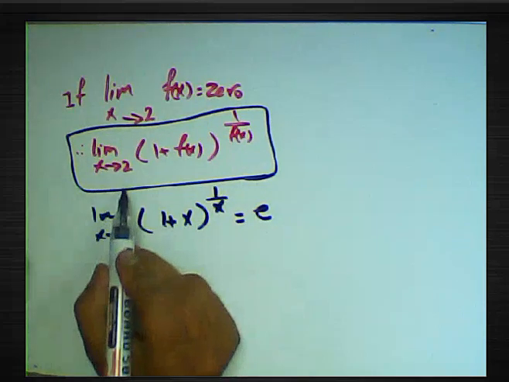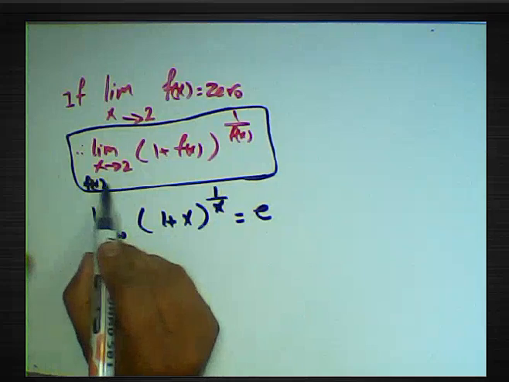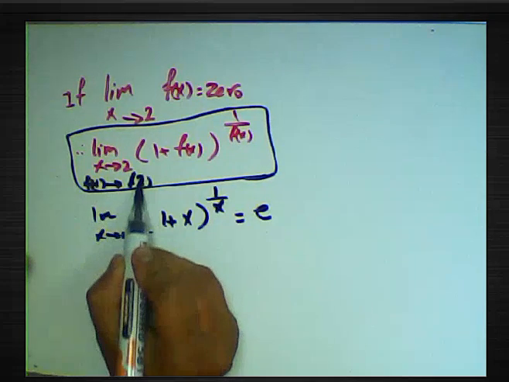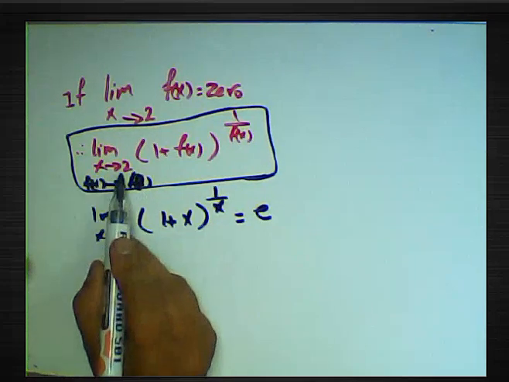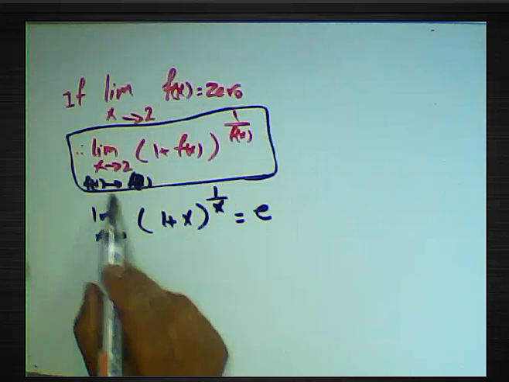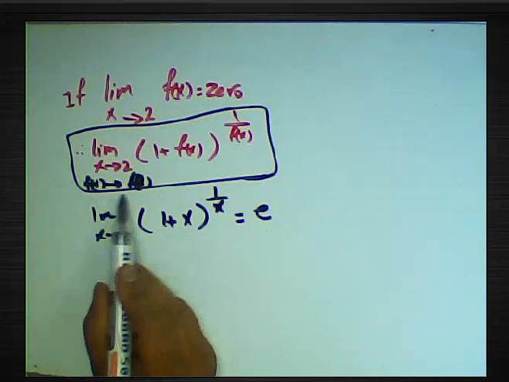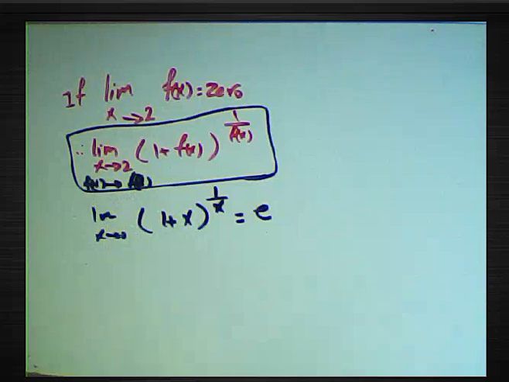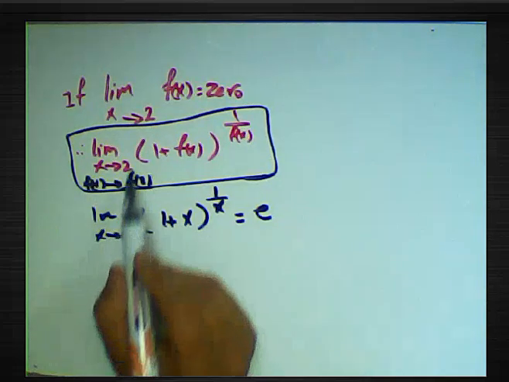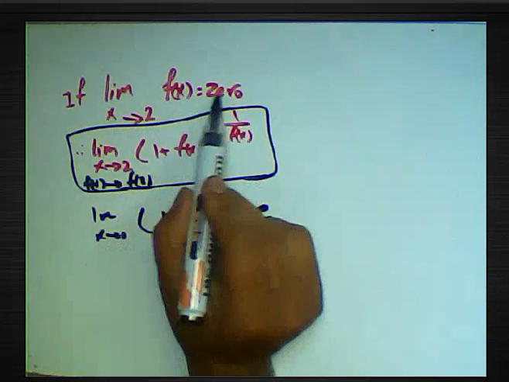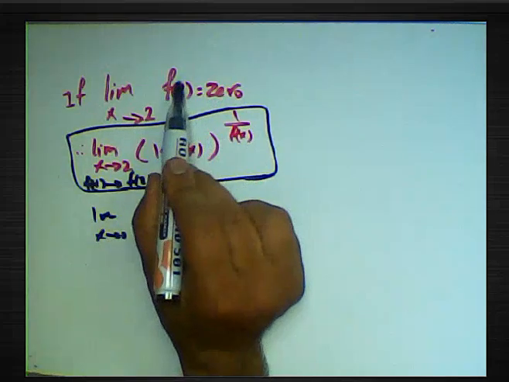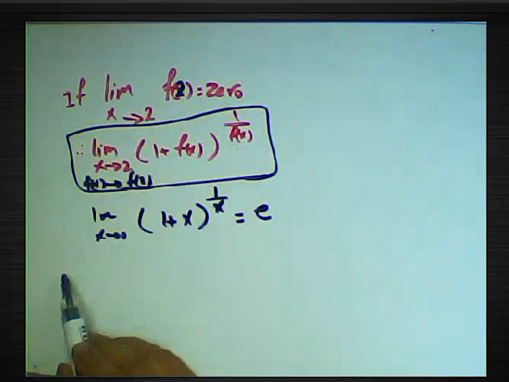Here f of x approaches f of 2, because x approaches 2, then f of x approaches f of 2. And we know the limit of f of x equals 0, meaning f of 2 equals 0.